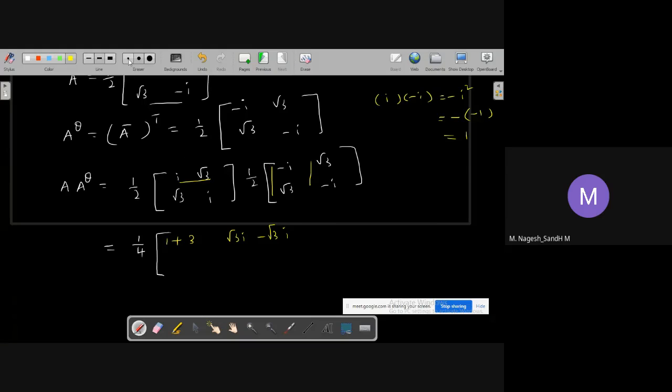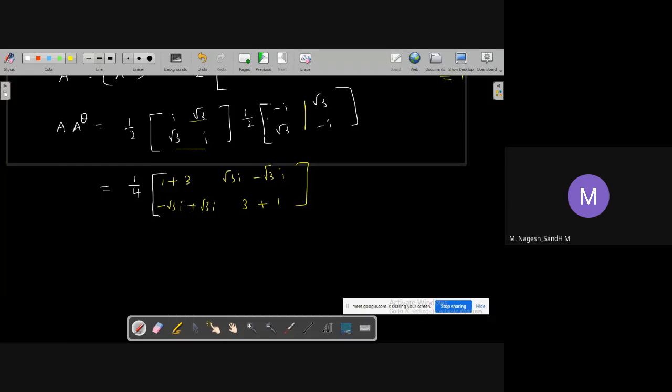Next, second row into first column: root 3 into minus I is minus root 3 I; I into root 3 is root 3 I. Next, second row into second column: root 3 into root 3 is 3; I into minus I is minus I square, which is 1, as we just did. Therefore, 1 by 4 into [4, 0; 0, 4].